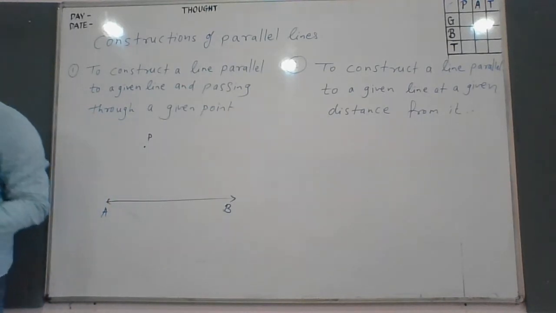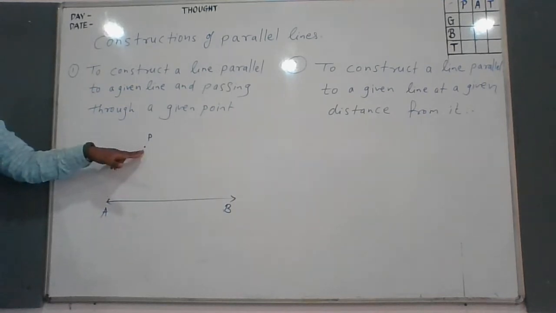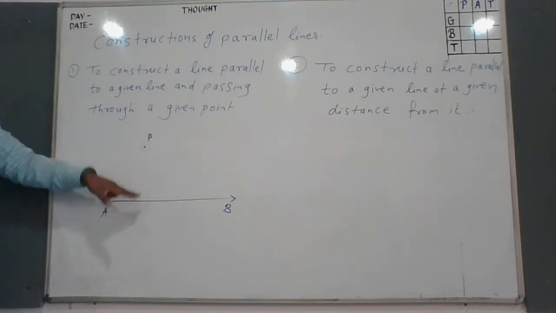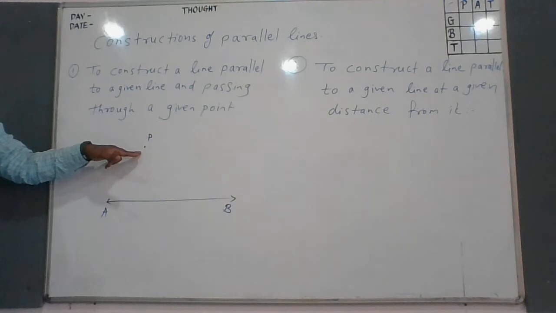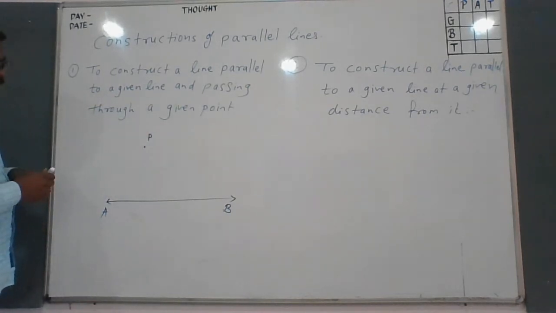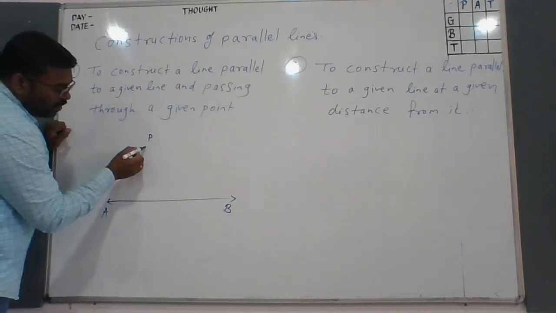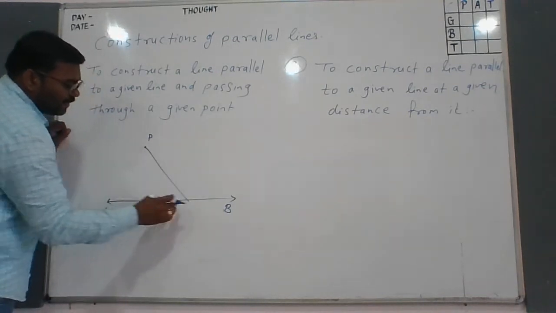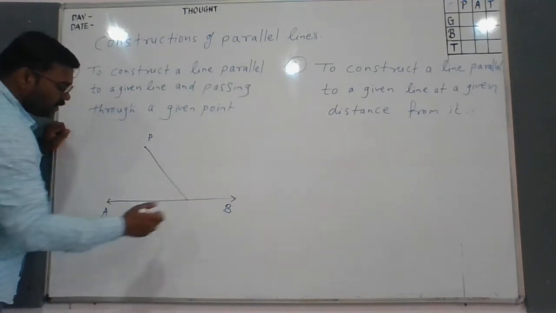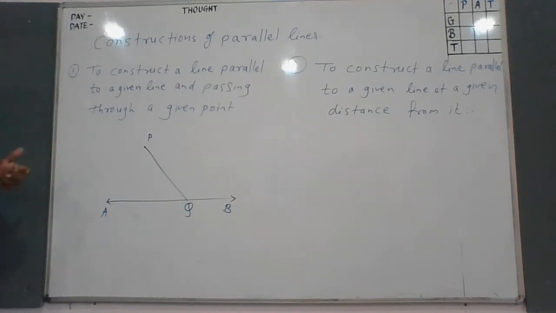Now see what we have to do in that case. If a line is AB and we want to construct the line which is parallel to AB but passing through the point P, this point P will be given to us. Now, what to do in that case? Draw a slanting line which will intersect AB at the point Q. Okay?